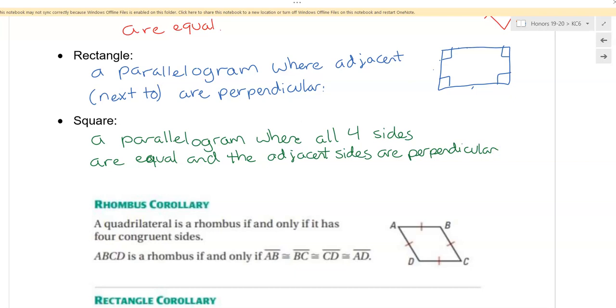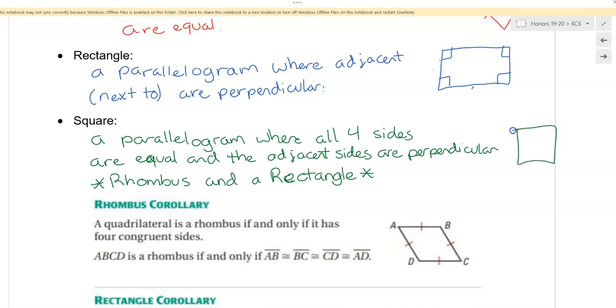Okay? So it's just a parallelogram where all four sides are equal and the adjacent sides are perpendicular. Basically, it's a parallelogram that is a rhombus and a rectangle. Alright, so if it has all the properties of a rhombus and all the properties of a rectangle, then it is a square, right?